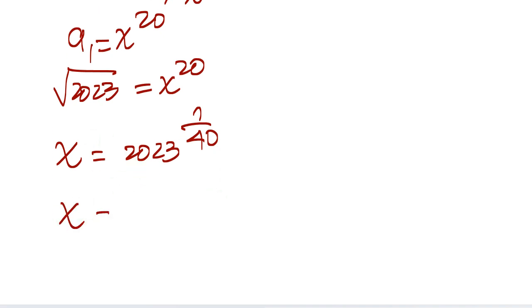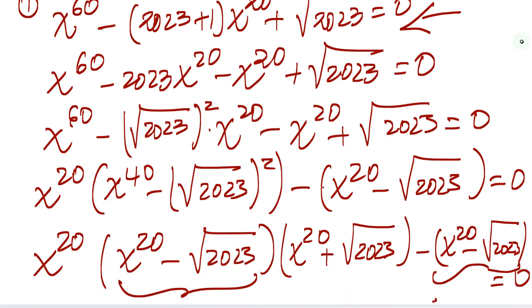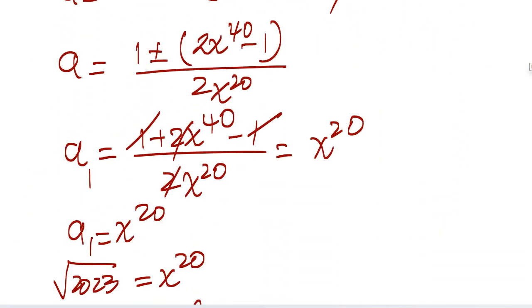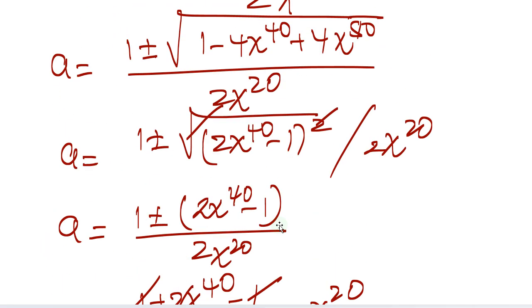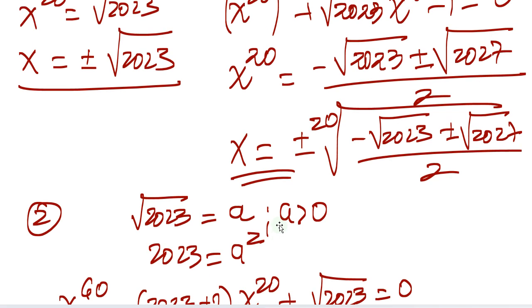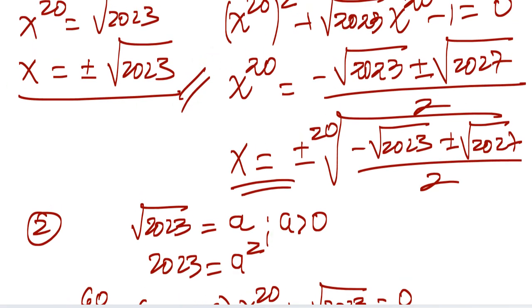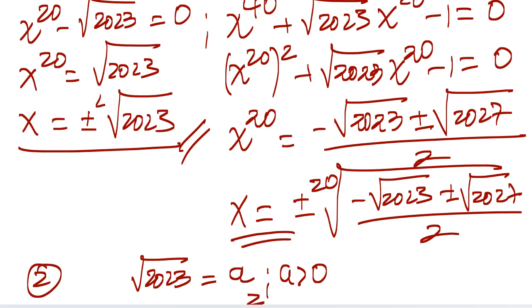We can say that x is equal to the 40th root of 2023, with the plus or minus here. So this is the same thing as we got in the first solution, right? And I forgot something here. Sorry, this is actually 40.